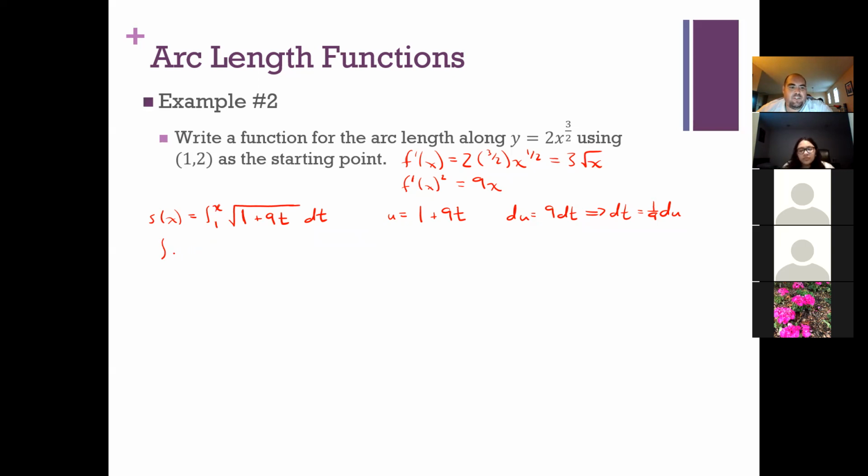So from here, I'm going to transform my integral of square root of 1 plus 9t dt into 1/9 times the integral of u to the 1/2 du.